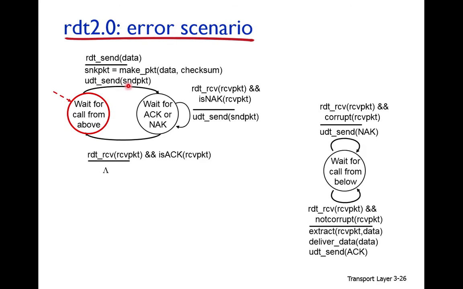When it sends the packet, one copy of this packet will be stored. And the receiver is waiting to receive the data from the network layer.